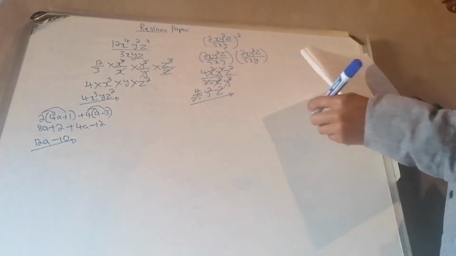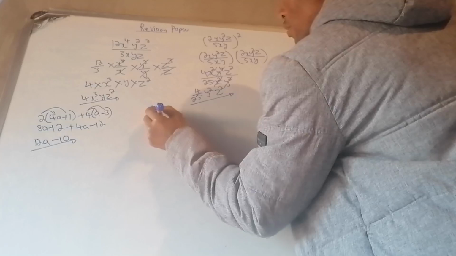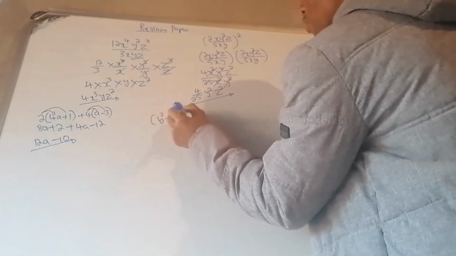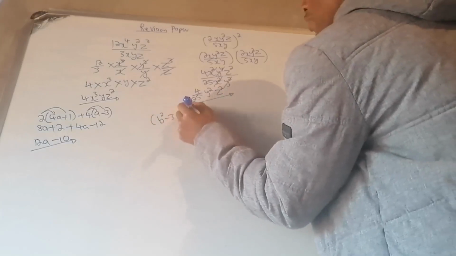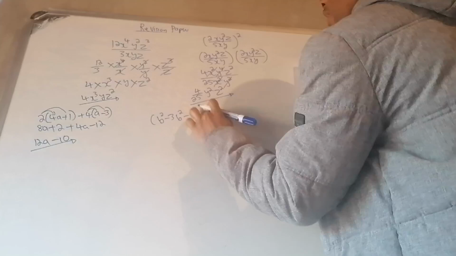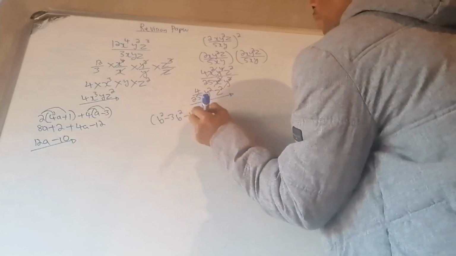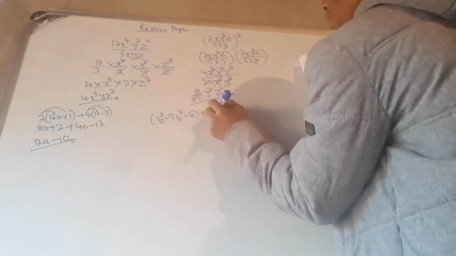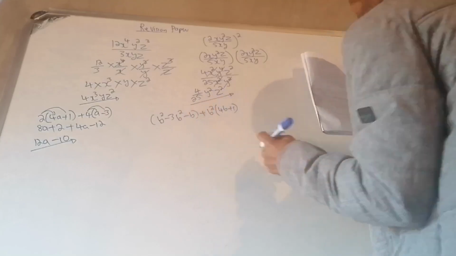Another problem: b squared minus 3b squared minus b, sorry, plus b squared into 4b plus 1.